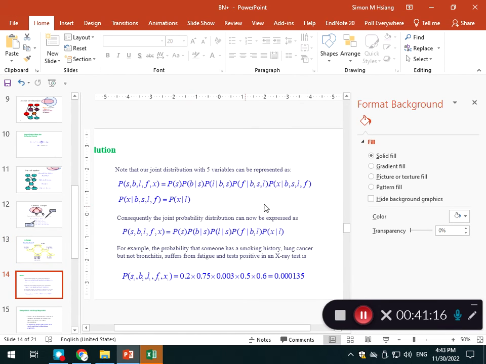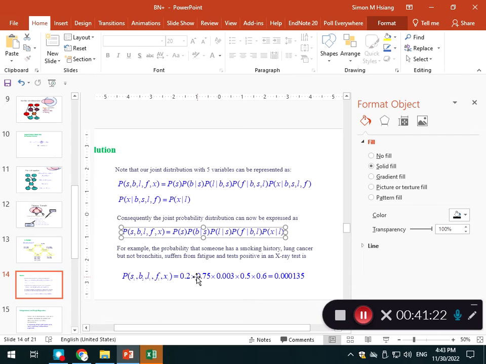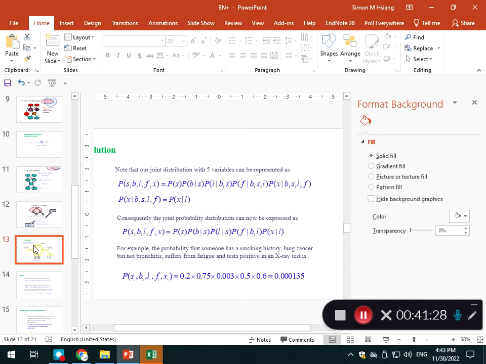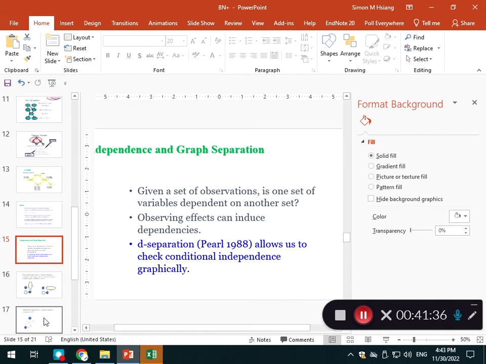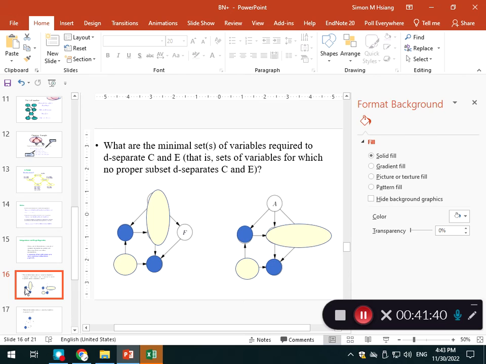You can do the computation the same way and get it done using only 4 multiplications, rather than 2 by 2 by 2, 32 possible combinations.